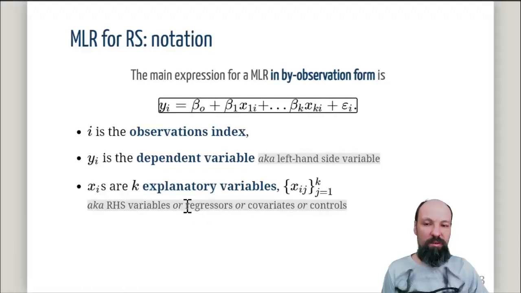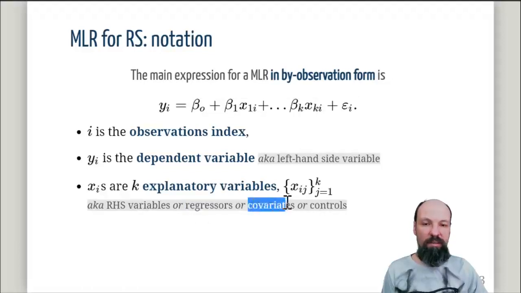Or sometimes we just call them regressors or covariates, or controls. That depends on the field and slang. But right-hand side variables will work for us well. We don't call them independent variables anymore because that's not what they are. They are not independent of anything. They are very well dependent with everything.